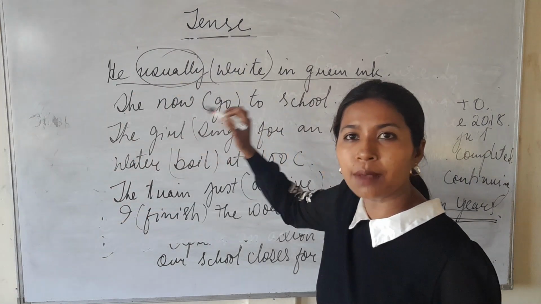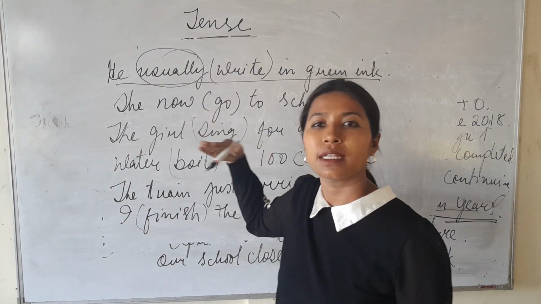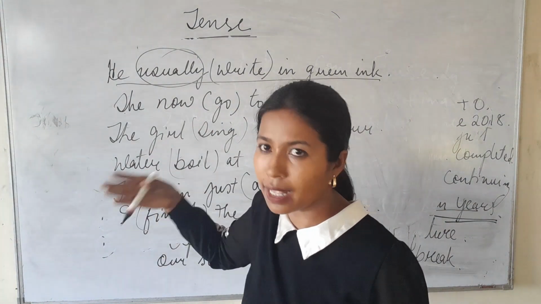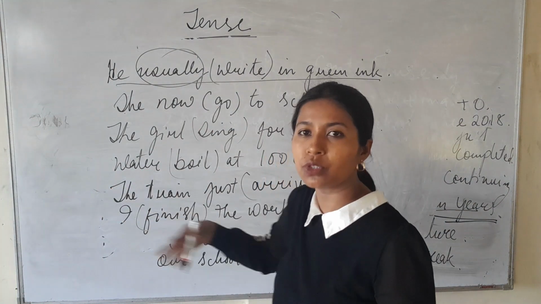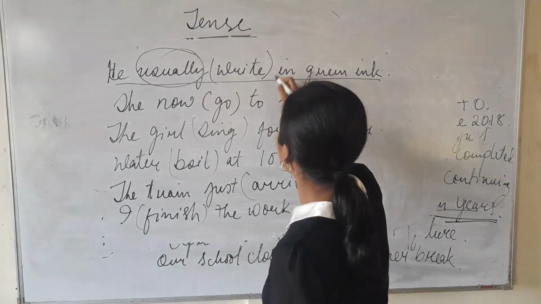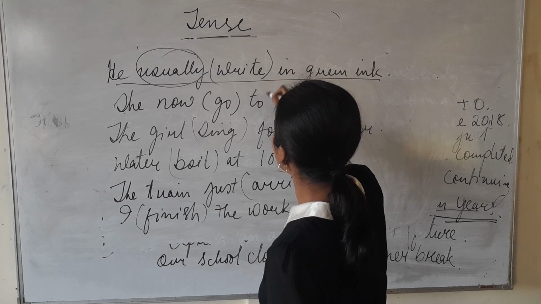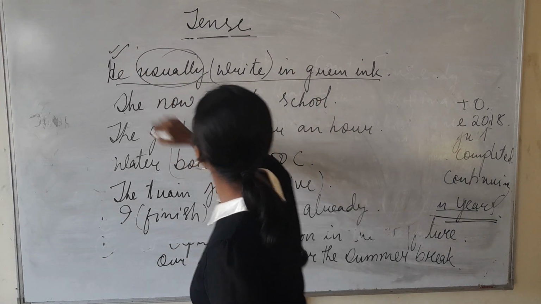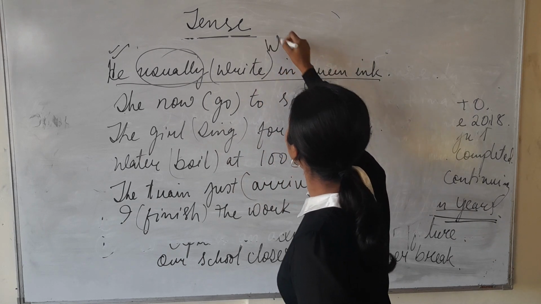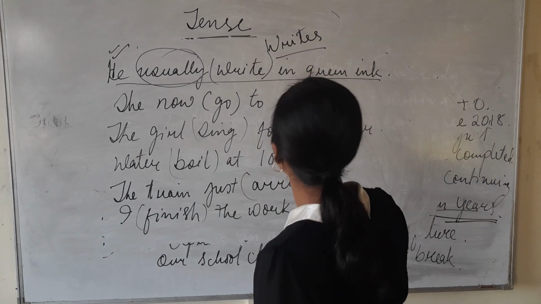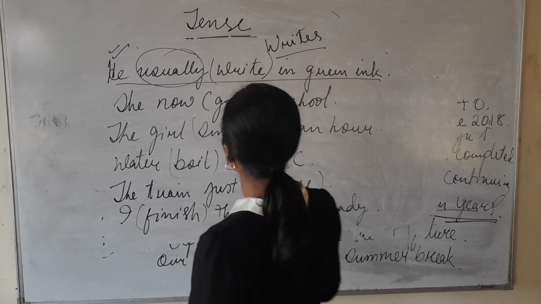The word usually comes in present indefinite tense, because it's something you do in a habit. So the answer will be: he usually writes in green ink, because he is third person singular, so you just change the verb into writes. That's all.